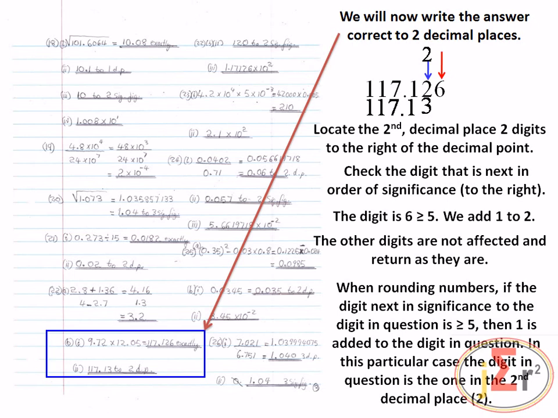If the digit to the right of that 1 is 5 or more, we add 1 to that digit in question. That is why we end up with this 3.